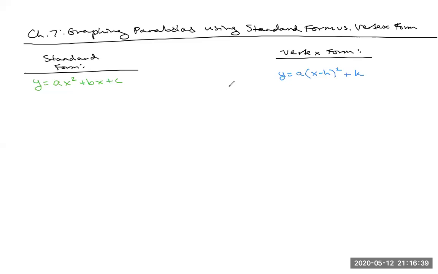So for one, some details. This is actually true for both, but I'm gonna write it in again. When A is positive, you're gonna have a happy face looking parabola, and your vertex is gonna be at the bottom of the parabola. The vertex is gonna be either the highest or lowest point of your parabola. And if A is less than 0, you're gonna have a frowny face parabola and the vertex will be at the top.